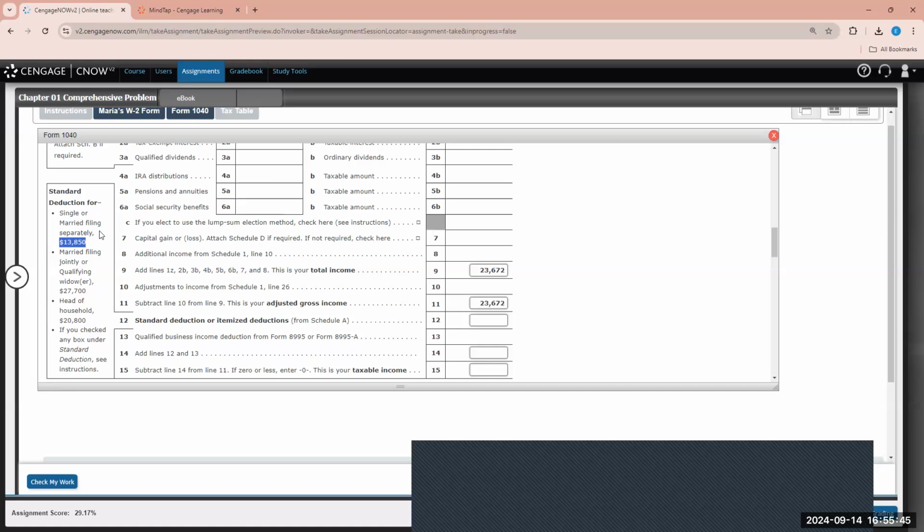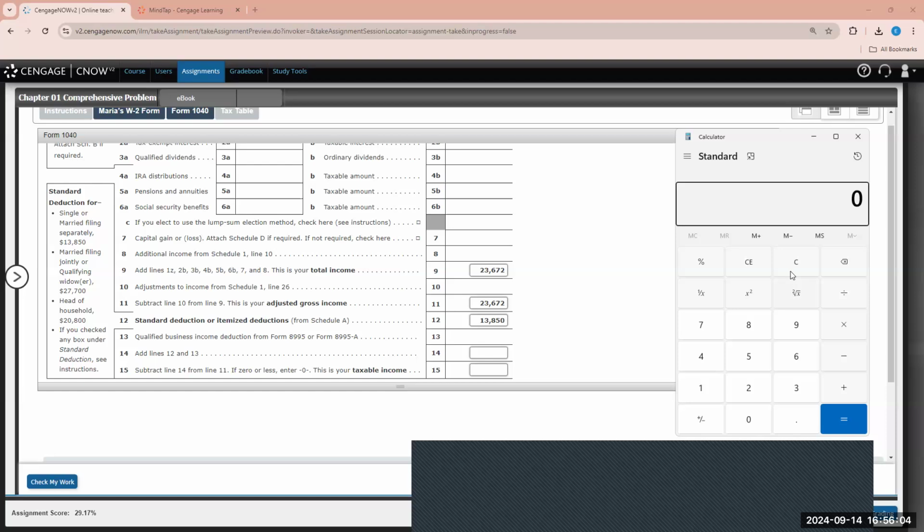So Maria is single, and based on the IRS, each year these amounts are increased for inflation. The standard deduction for a single individual for 2023 is $13,850. So of the $23,672 that Maria earned, $13,850 of that income is not taxable.